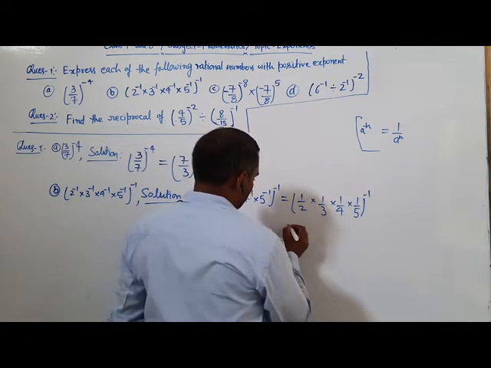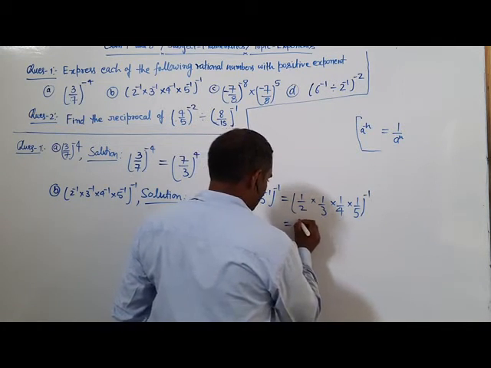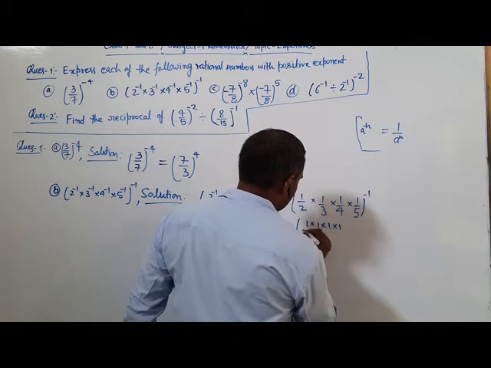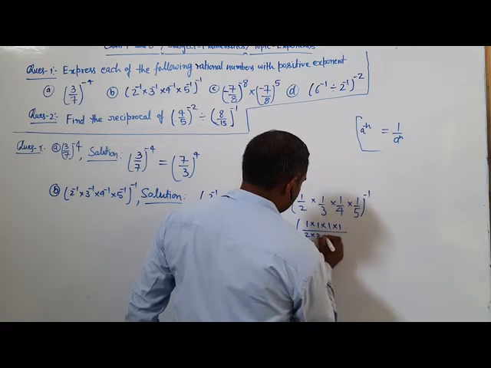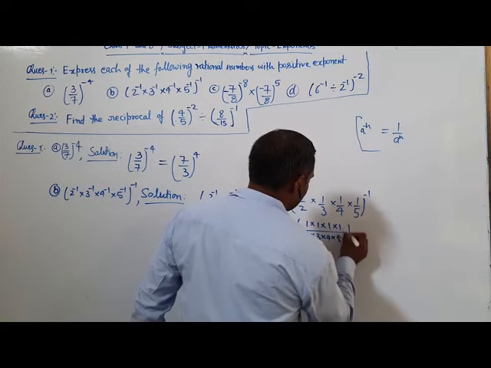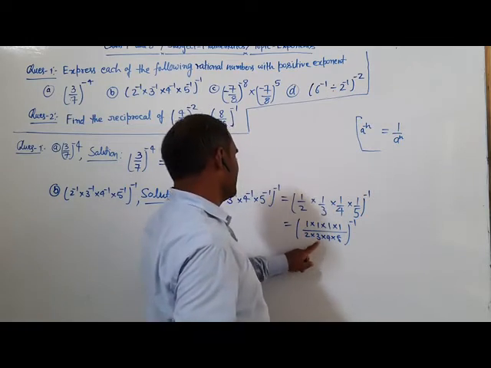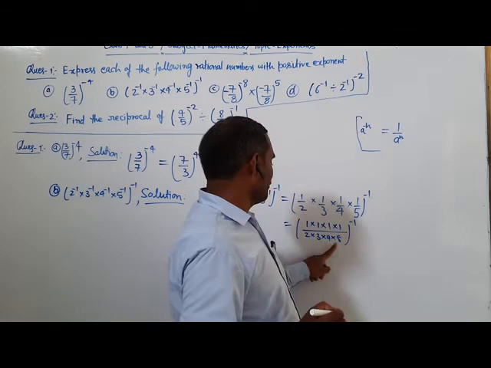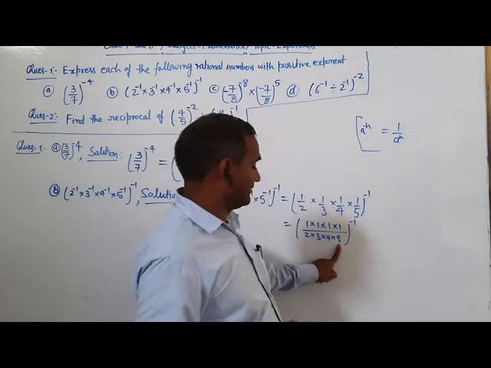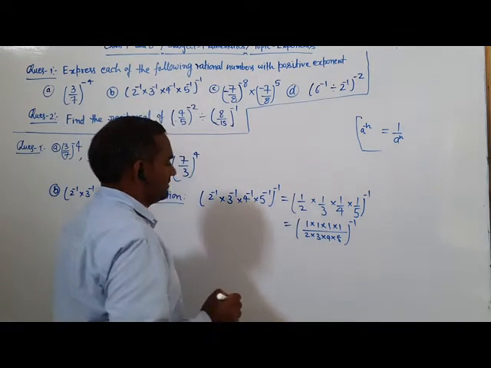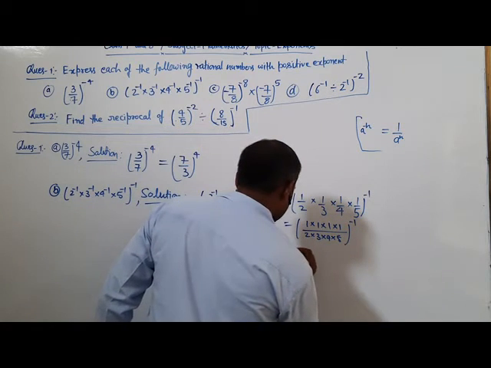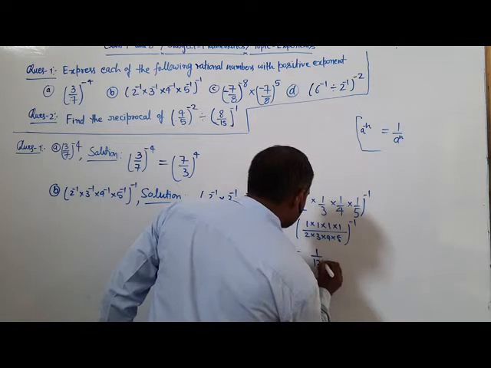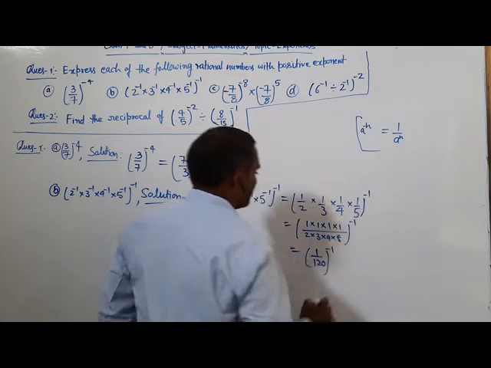Now multiply the numerators and the denominators: 1 × 1 × 1 × 1 over 2 × 3 × 4 × 5. 2 times 3 is 6, 6 times 4 is 24, 24 times 5 is 120. So (1/120)^-1.